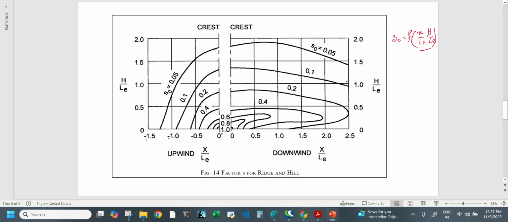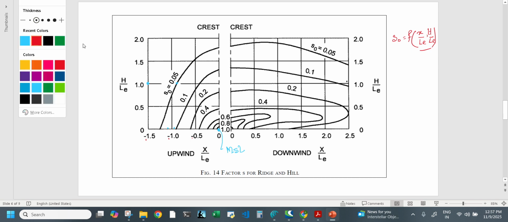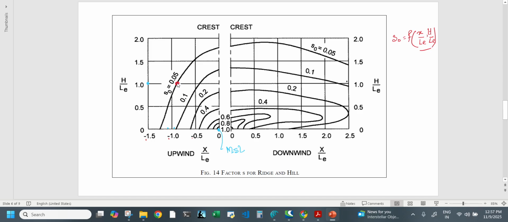X by LE, this is the mean sea level, and put the value of h by LE and x by LE. Suppose this is the point, and at this point we get the value of S0. So S0 is equal to 0.05.